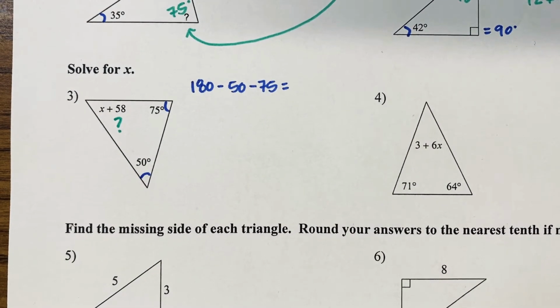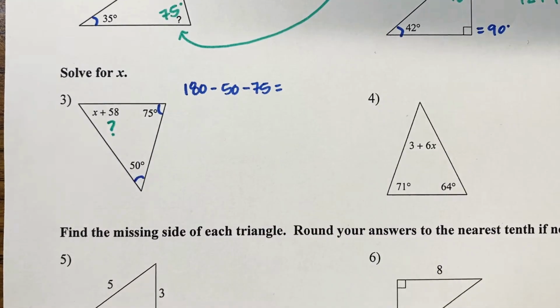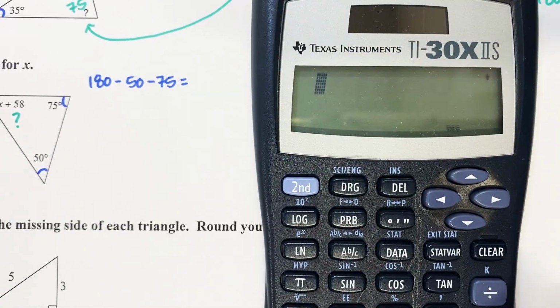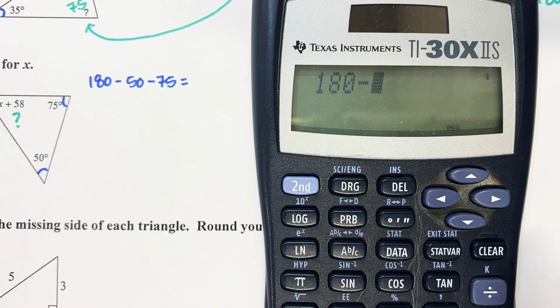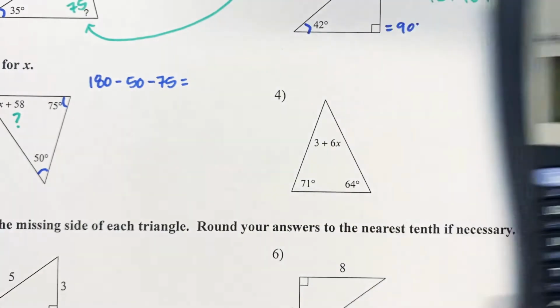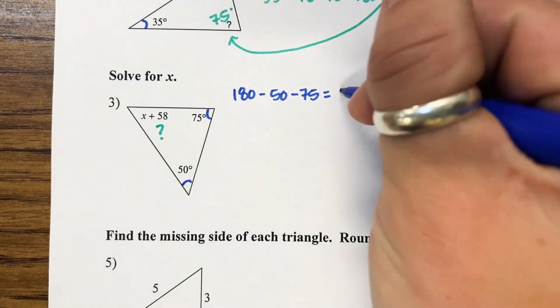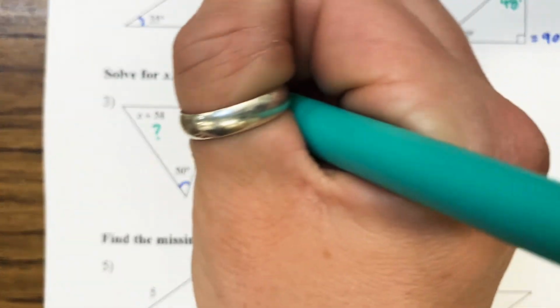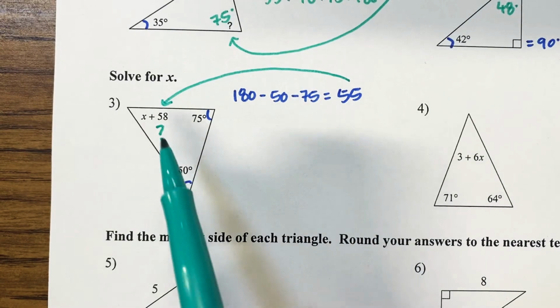What is that going to give me? Let's put that in our calculator. I got 180 minus 50 minus 75. So I know that my third angle has to equal 55 degrees. So 55 degrees is that third angle right there, but that's not our answer.